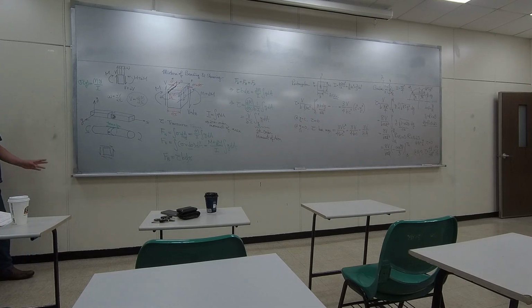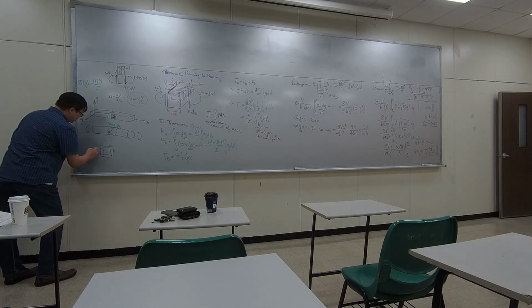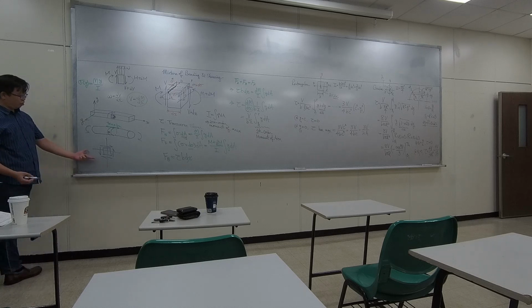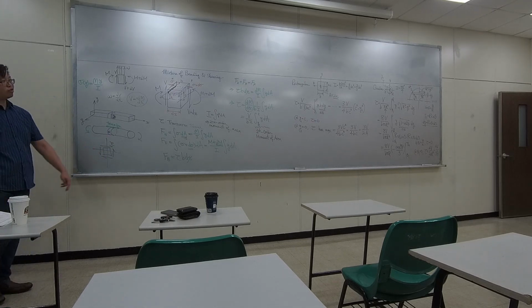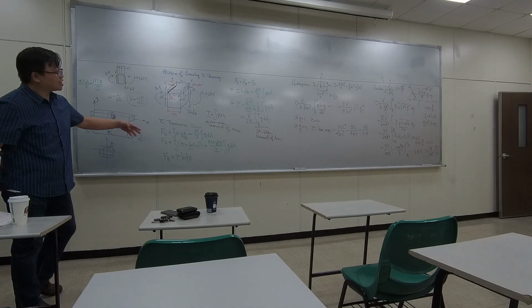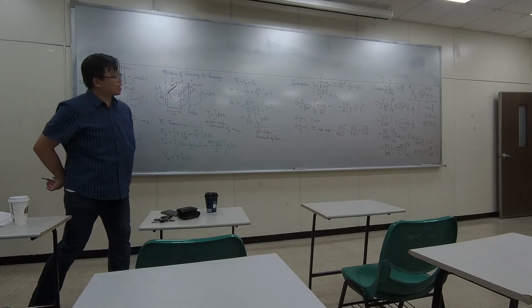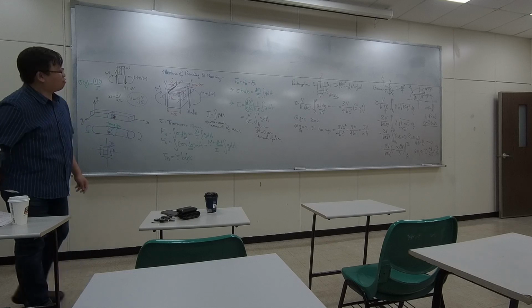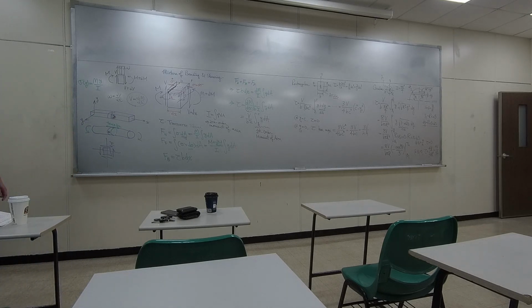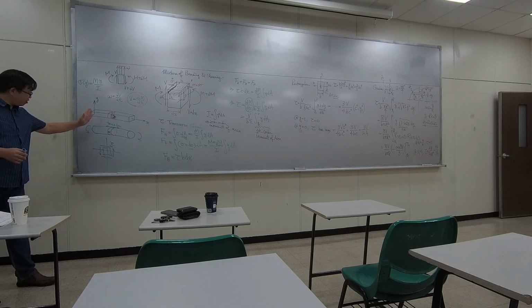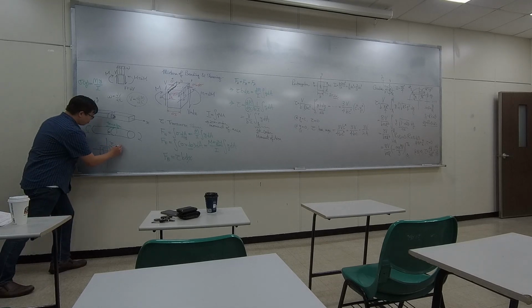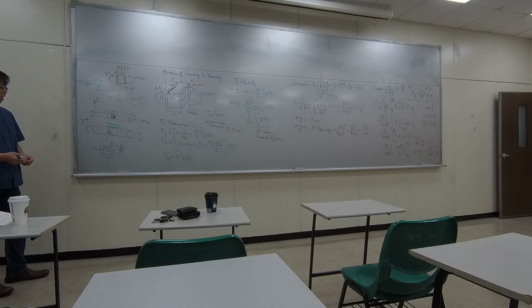So if you want to do Mohr's circle analysis, then your material looks like this. And the magnitude of this shear stress, basically, you can use 4V over 3A. Okay? And you do have a shear diagram. You know the V, so you can use 4V over 3A to compute how large it is.